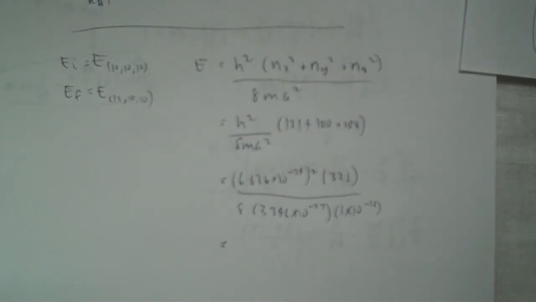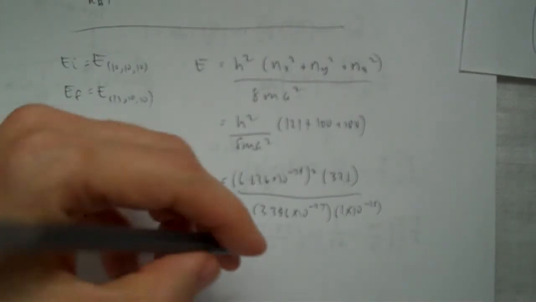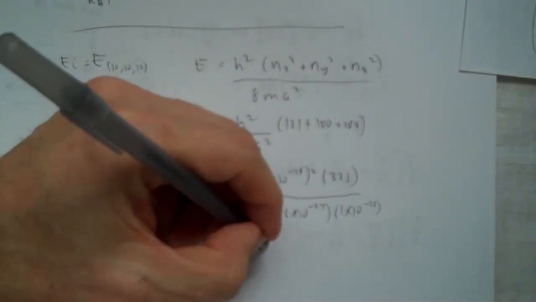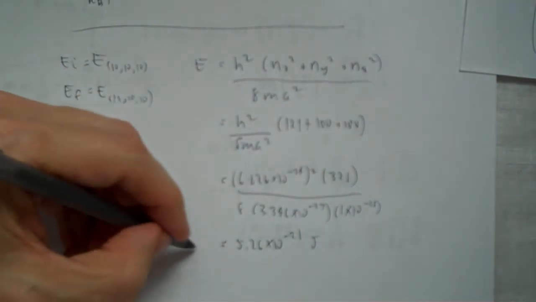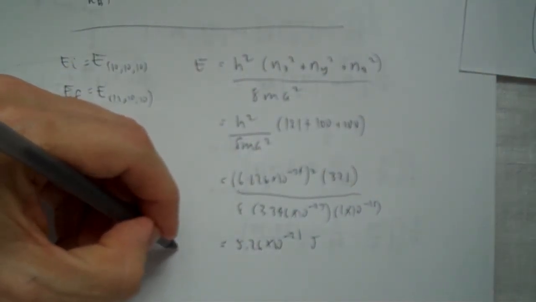6.626, 34, enter, squared, 321 times, 8, enter, 3.346 e minus 27, times 1 e minus 18 times divided by, this comes out to 5.26. I guess I should have known that. 5.26 times 10 to the negative 21 joules. That is E2.